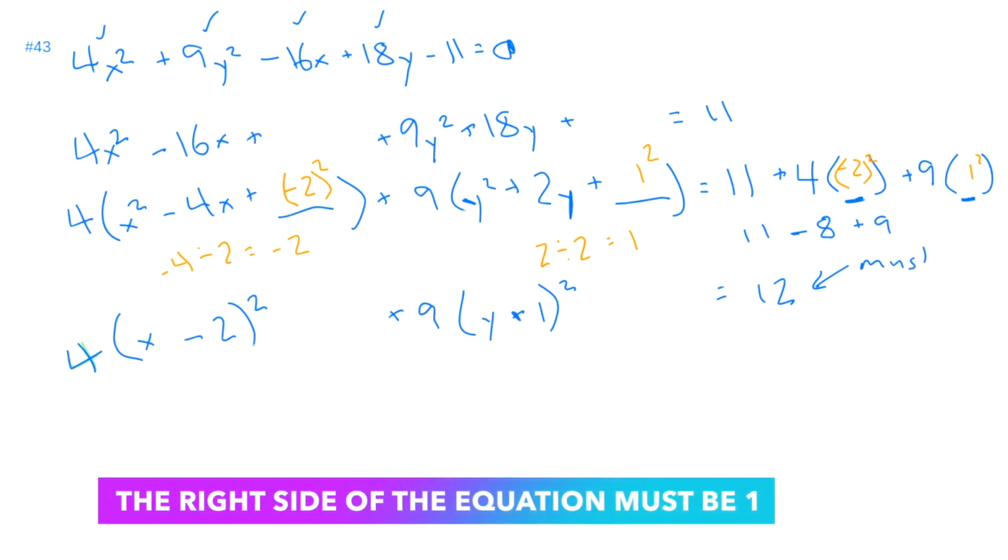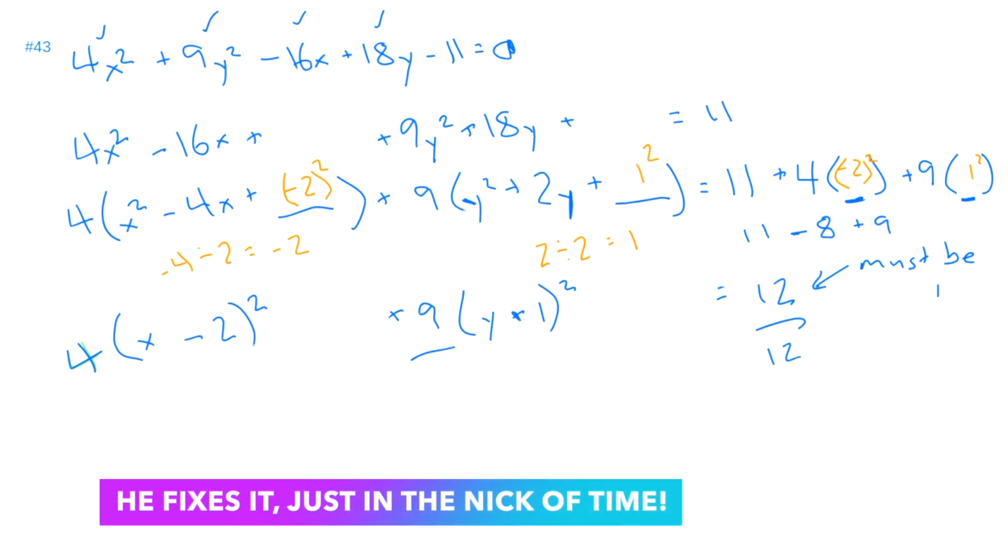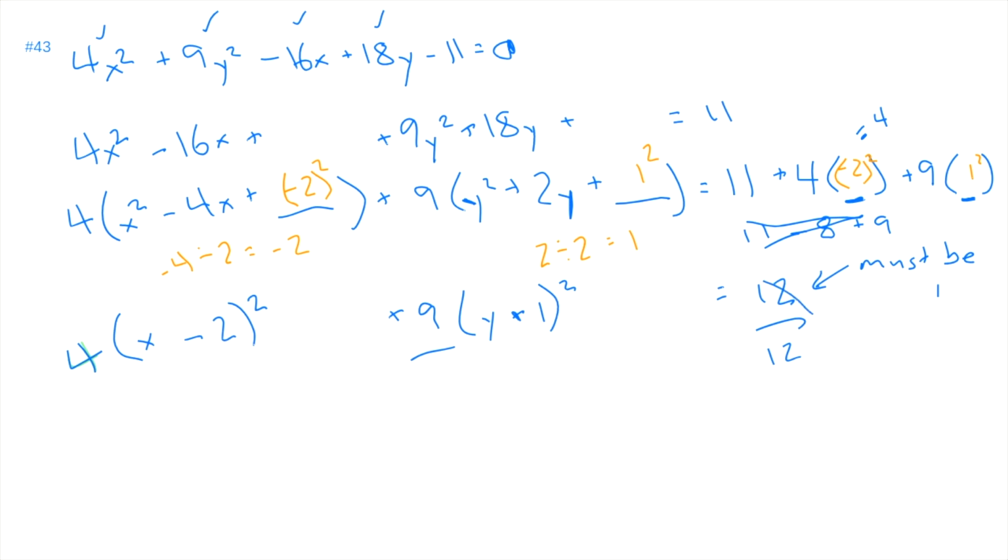Must be 1. So what am I going to do? I'm going to divide by 12. I'm going to divide by... back up, Gary. This is a 2 squared equals 4. And so this is all wrong.